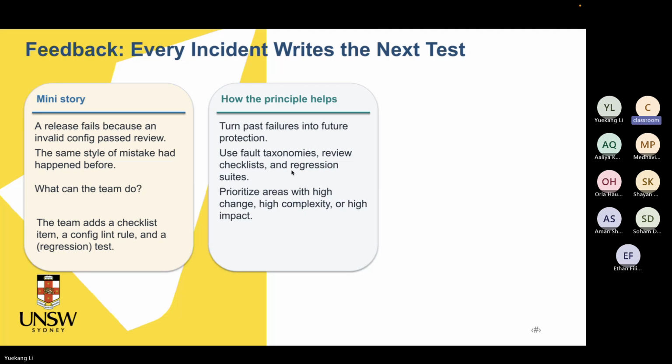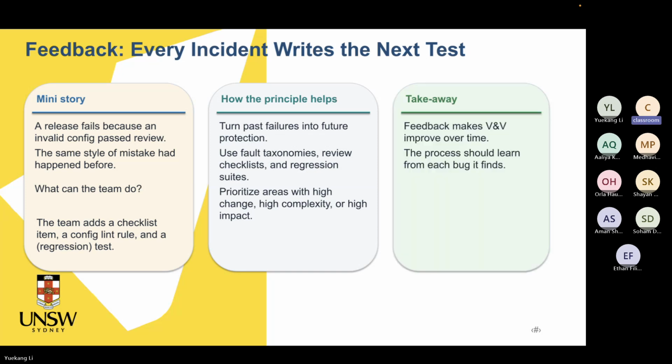We often use a review checklist when we submit new code, like submitting a new pull request, and we also end up with a regression test suite, and this can also help us to prioritize our testing effort on the more buggy areas, right?